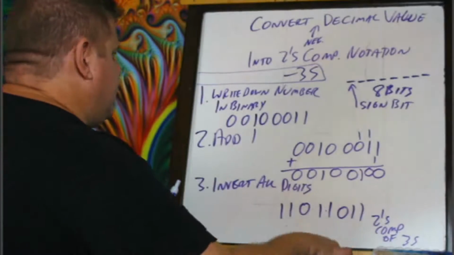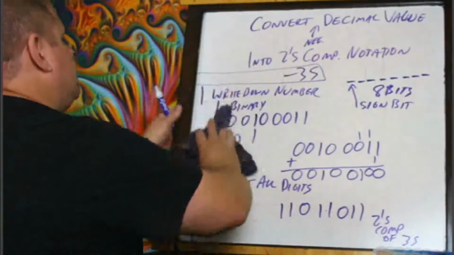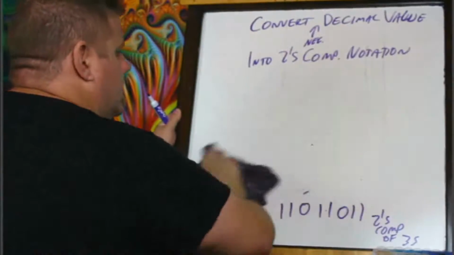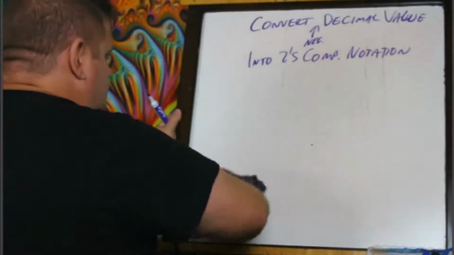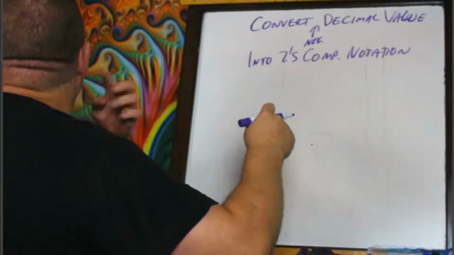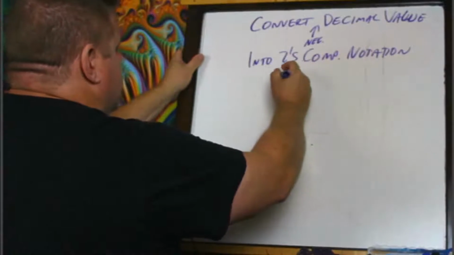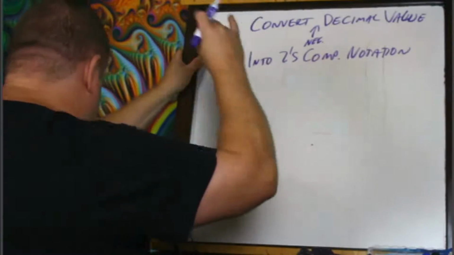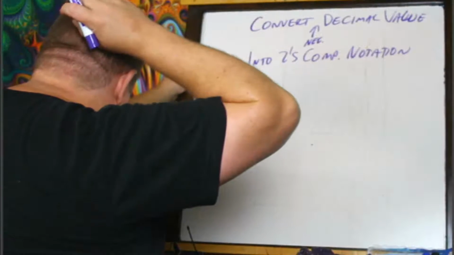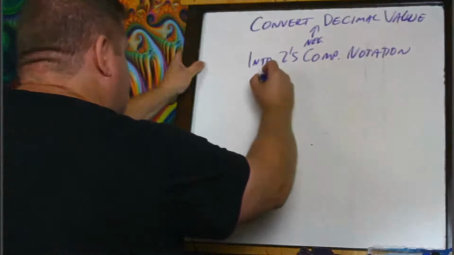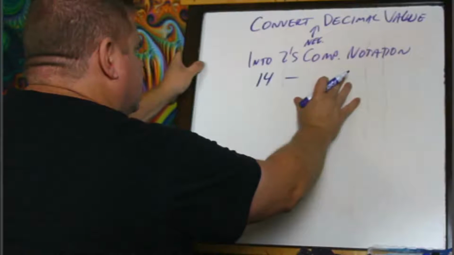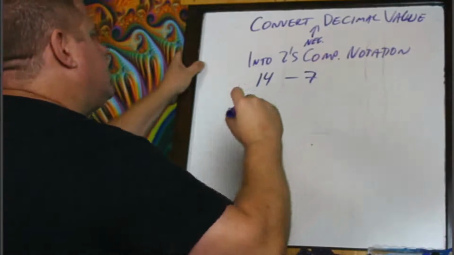All right, let's do another one. Let's do something fairly easy. How about 14 minus 7?